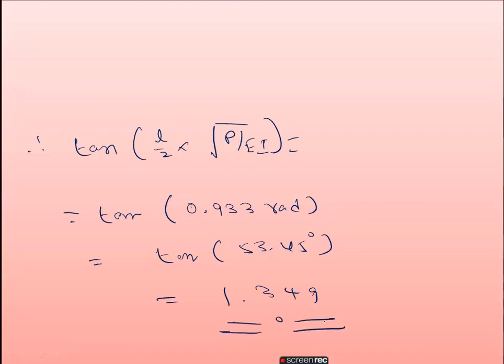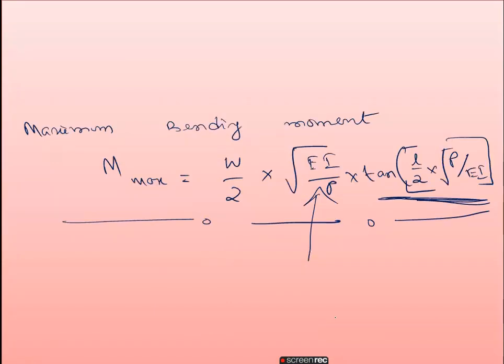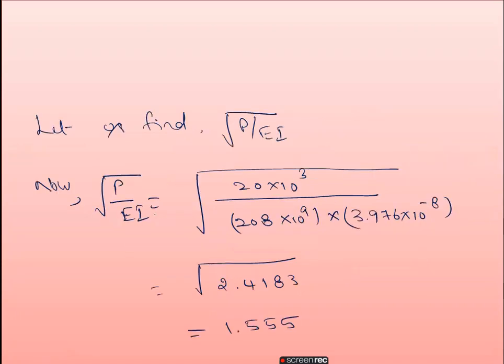If you observe the maximum bending moment, now we know W and the other terms, and also tan L by 2 into square root of P by EI. Now substitute all the known values we calculated just now into M max, and you will get the maximum bending moment.